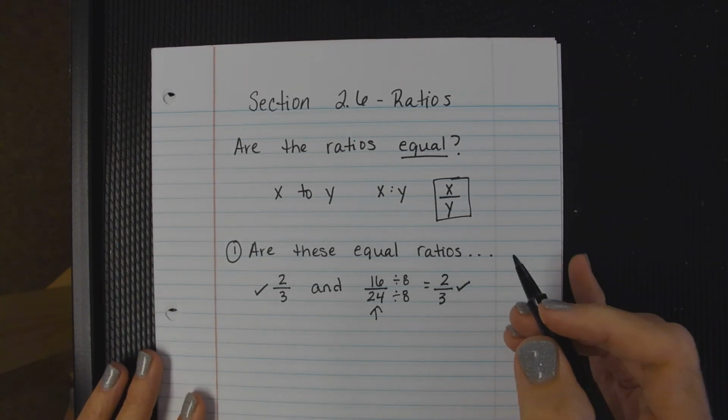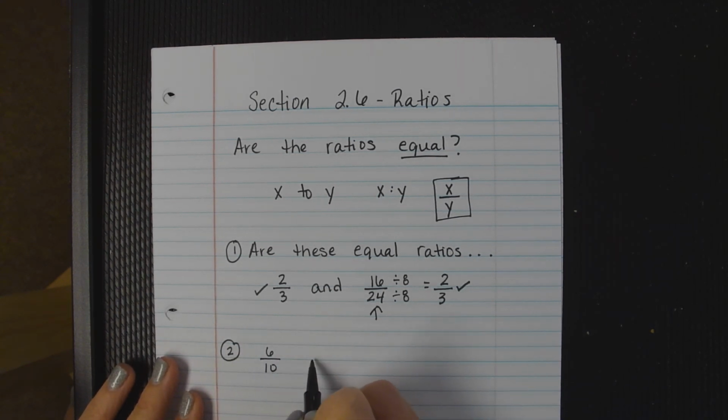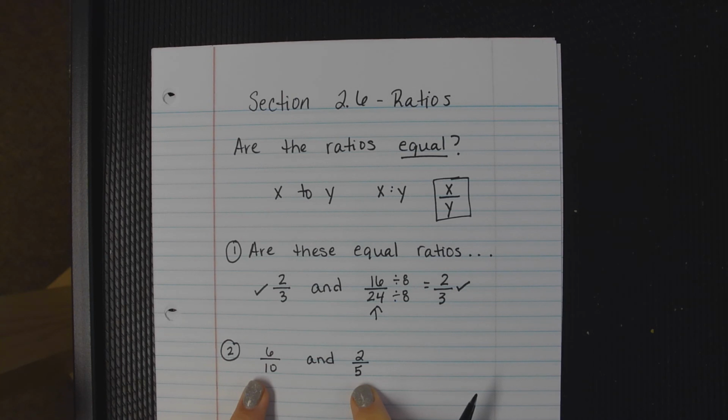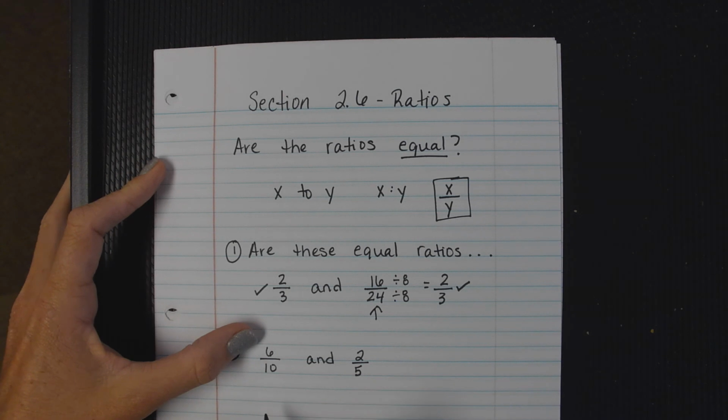Okay, another example, you have 6 over 10 and 2 over 5. So look at the fractions, and basically you want to determine, are they equal? So this is a reduced fraction, so I'm going to focus on this. Can I reduce this fraction?